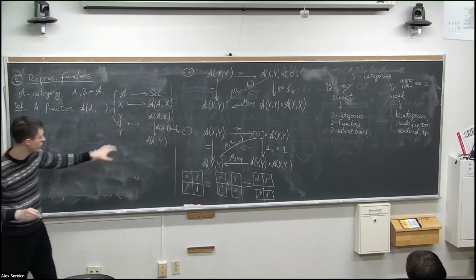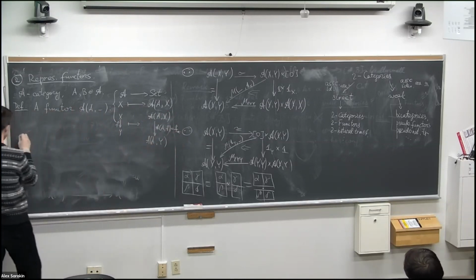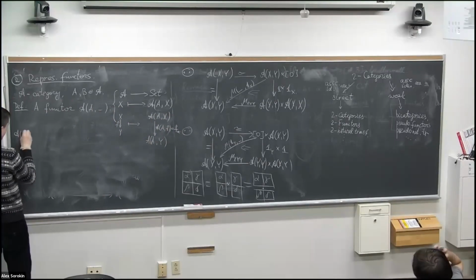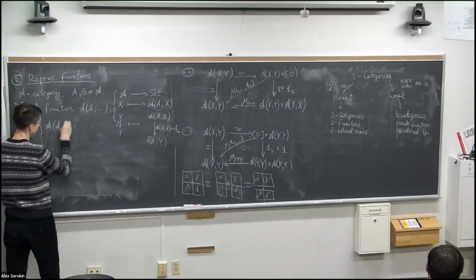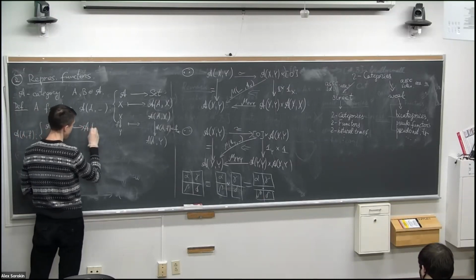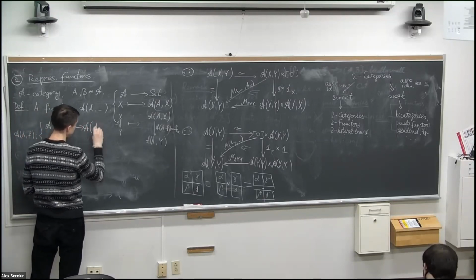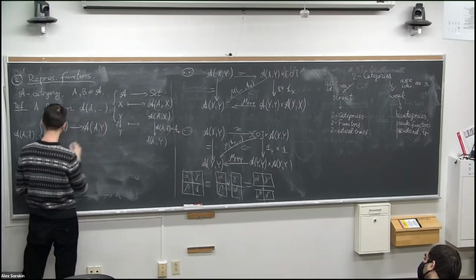How does it work? A comma F goes from A to Y in the following way.